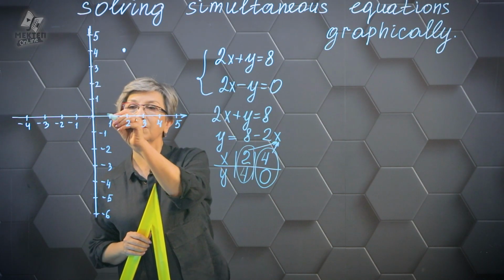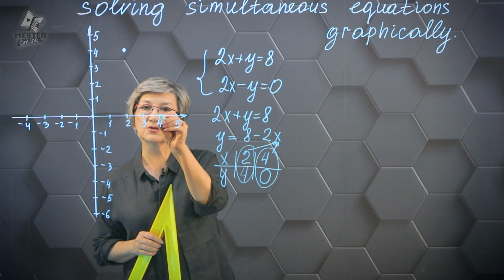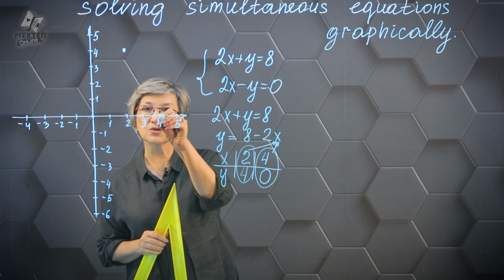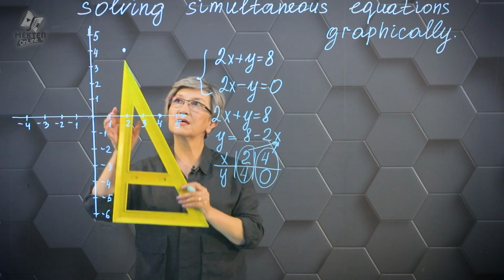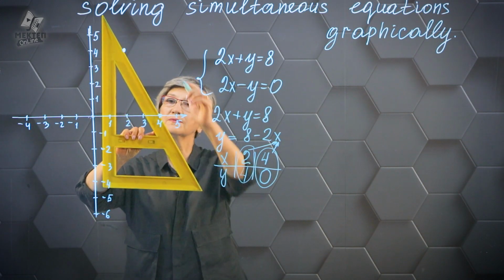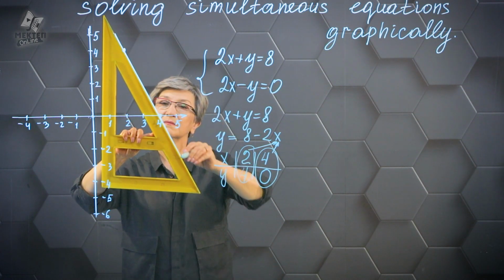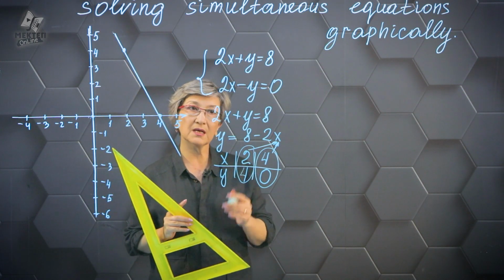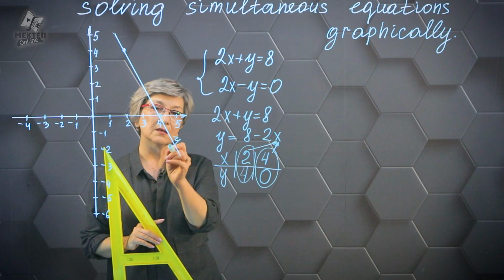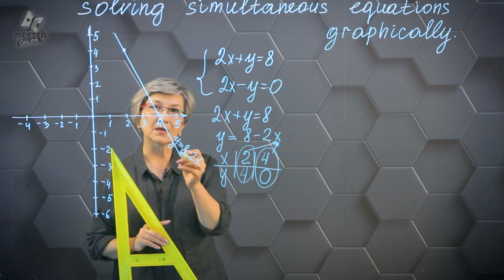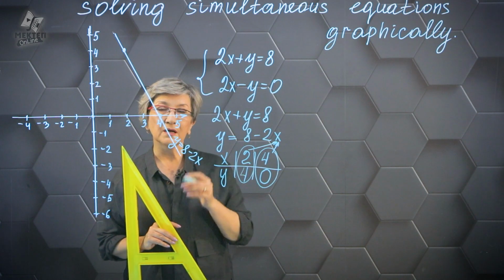We proceed to the right: 1, 2, 3, 4, and 0. We stop at this point. And now we will join these 2 points. These constructions must be done with care. y is equal to 8 minus 2x. This is the graph of our first function.